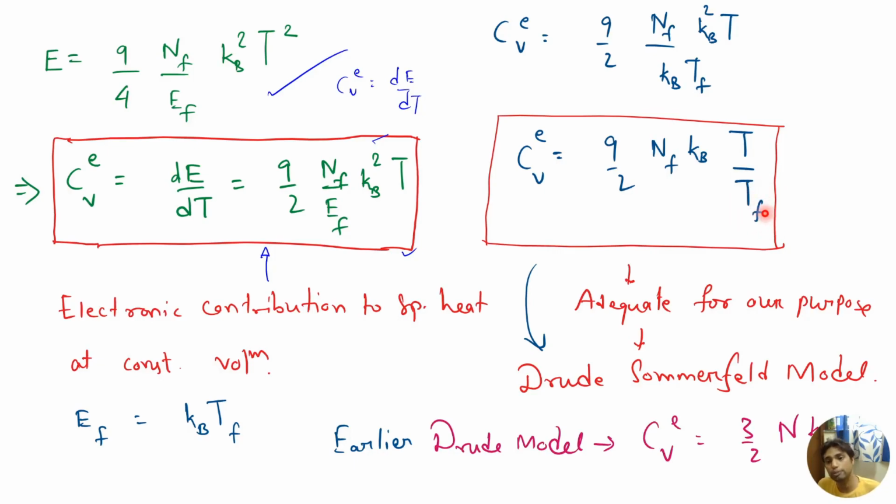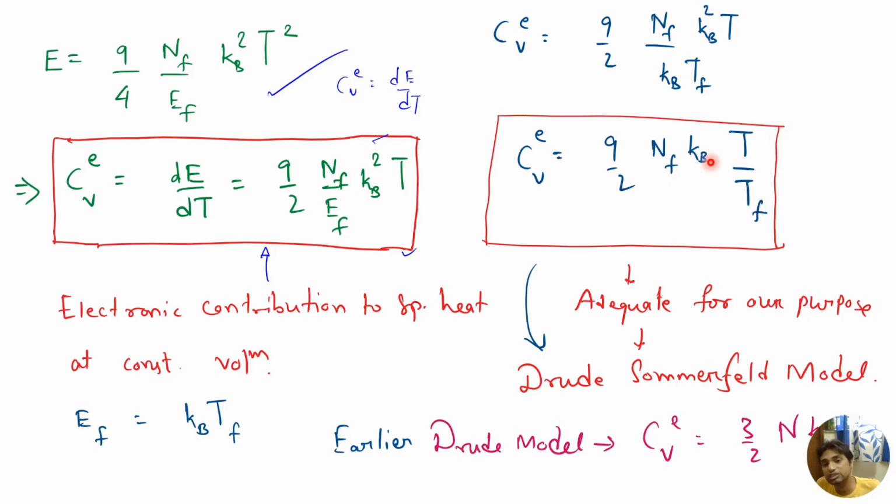Now TF, you remember, it is of the order of 10,000, and T is of the order of 300 Kelvin. And earlier in the Drude model we had that CVE is 3 by 2 NkB. Here it is NF kB T by TF. So there is this factor of T by TF.